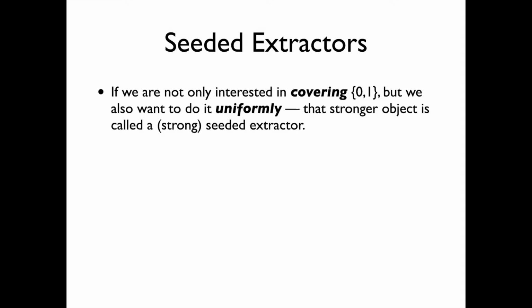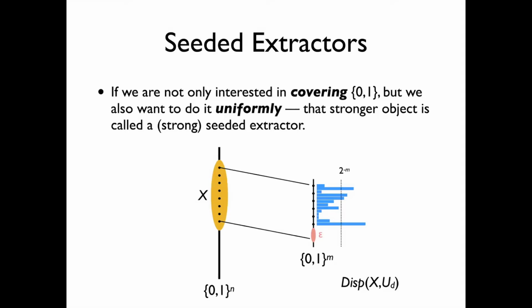But if we're not only interested in covering, but we also want to cover uniformly, that stronger object is what some of you know as a seeded extractor. So a disperser only covers most of the codomain, and an extractor does it, up to some error, uniformly.